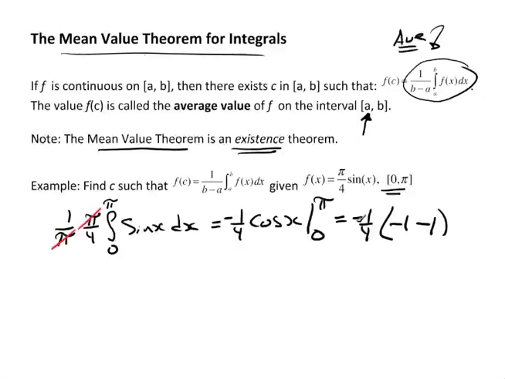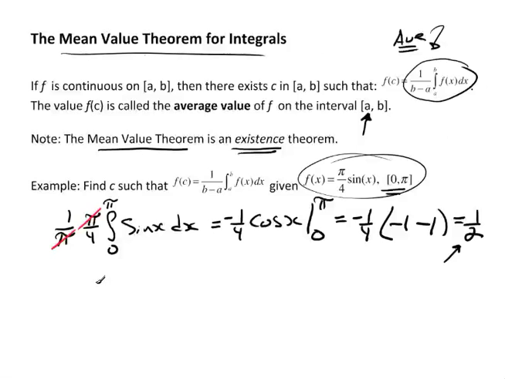So this is a negative 2, but I have a double negative, so 2 over 4, that's simply equal to 1/2. So I know the average of this function on this interval equals 1/2. What the mean value theorem says is that there's a value of c between 0 and pi such that f(c) is actually equal to the average, 1/2.